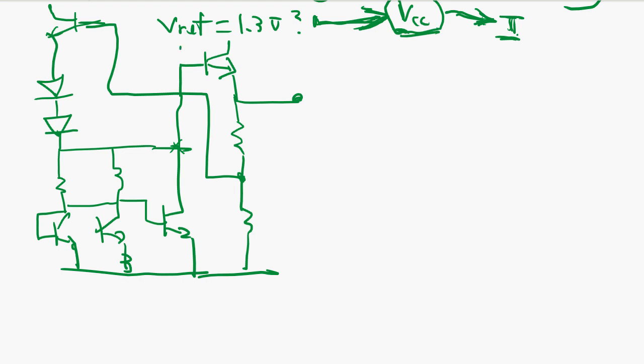So something like this kind of circuit is going to create a different voltage, way higher than this, like 1, 2, 3.